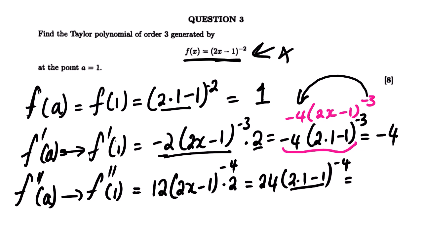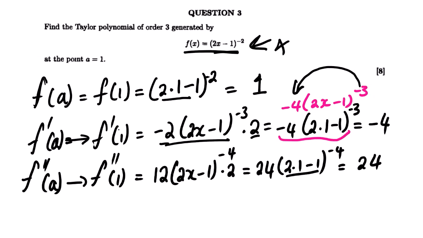Then inside you are going to have 1 raised to the power negative 4, it's 1 multiplied by 24, we have 24.